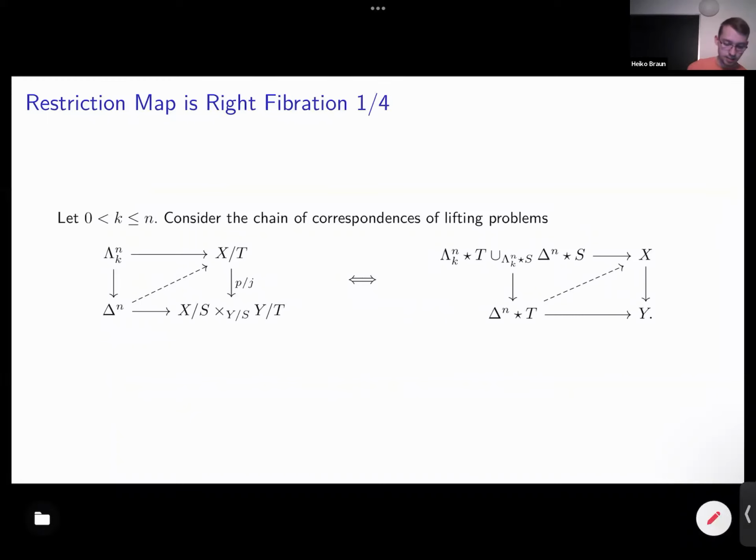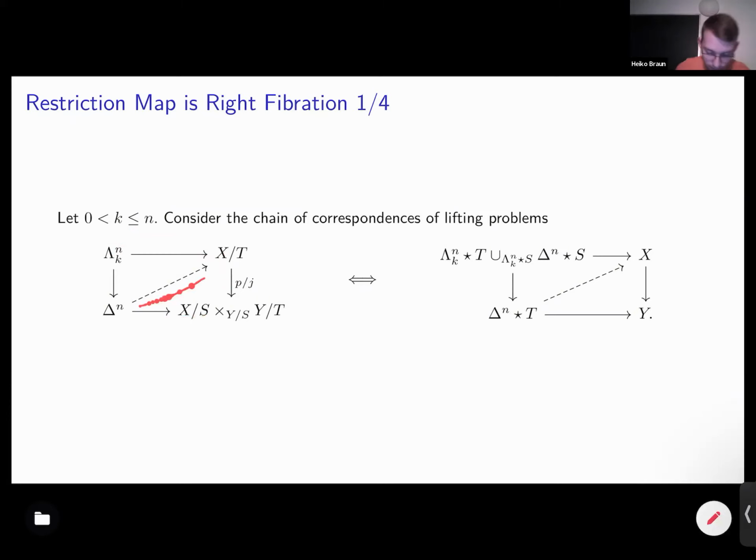We take a right horn inclusion, which is here, so 0 is less than k and less or equal to n. And we need to show that in a general situation, a commutative square, as in this picture, with the Pj map on the right, there is always a lift.